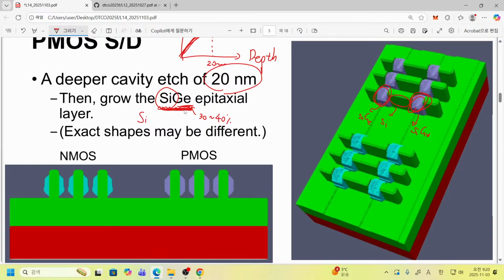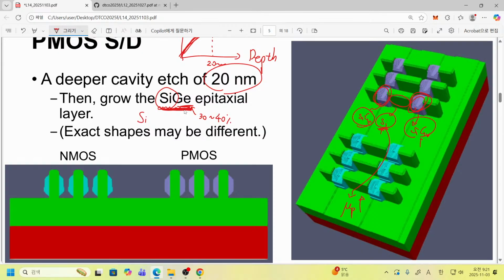It's like a thin guy and two fat guys seated in a row, in a triple seat. Then what will happen? These two fat guys will push this thin guy compressively, so this silicon channel feels compressive stress. This is very beneficial to increase especially the hole mobility. That is the main booster of our P MOSFET performance.